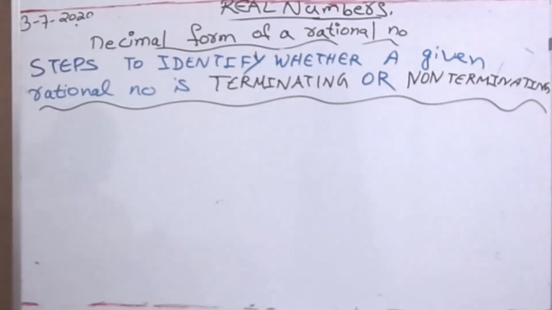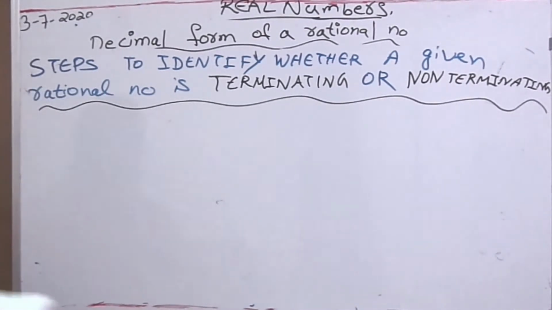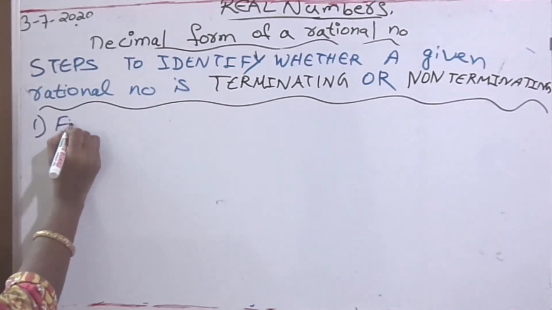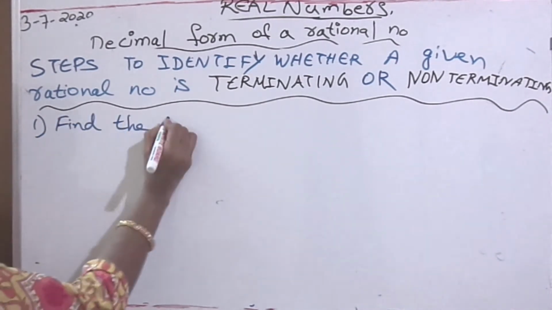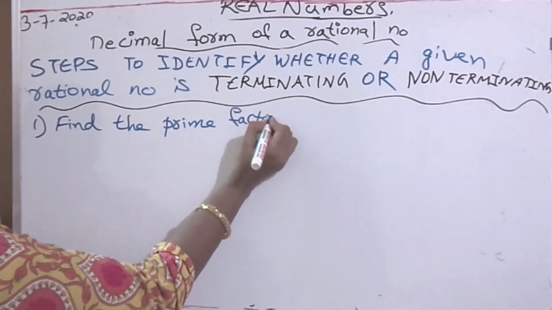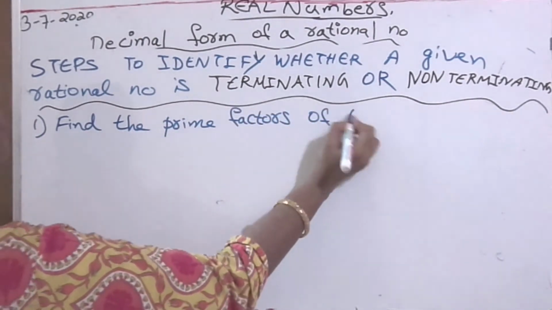Steps to identify whether a given rational number is terminating or non-terminating. So how to identify? First, find the prime factors of the denominator of a rational number.